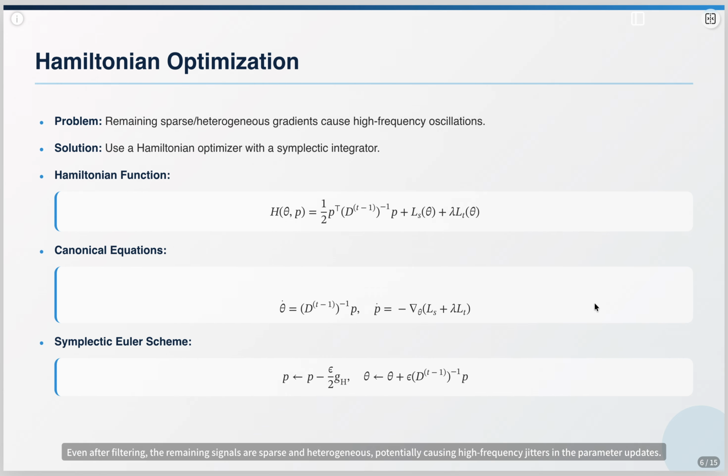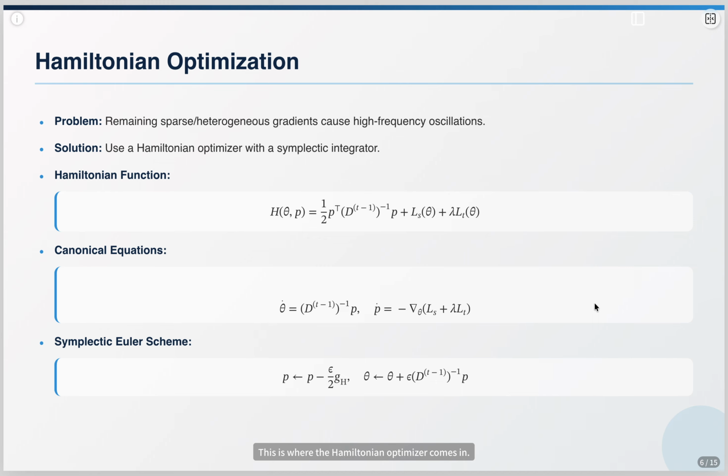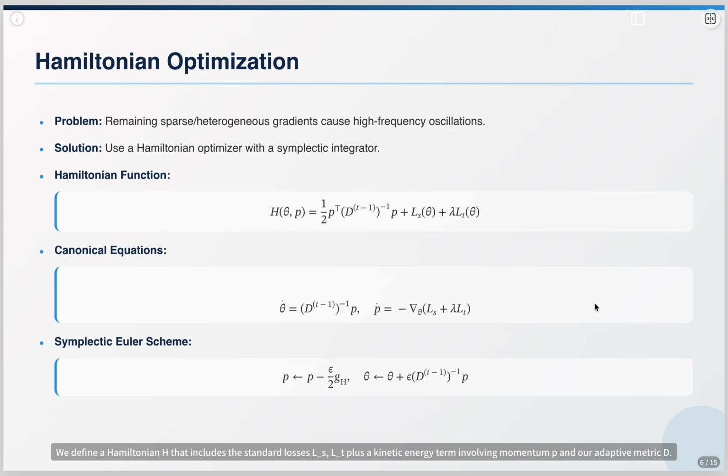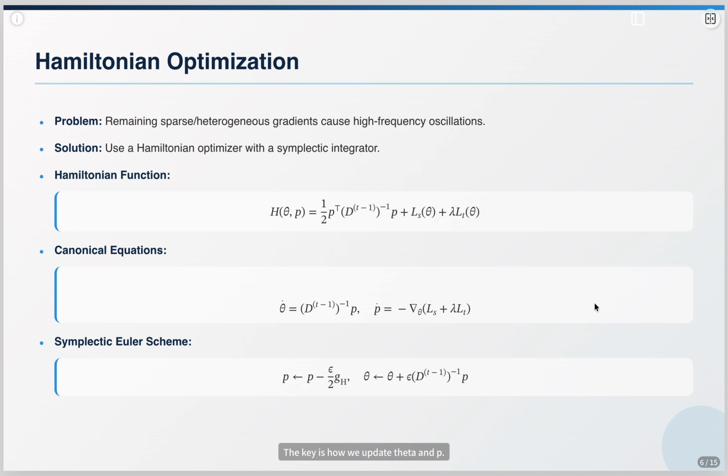Even after filtering, the remaining signals are sparse and heterogeneous, potentially causing high-frequency jitters in the parameter updates. This is where the Hamiltonian optimizer comes in. We define a Hamiltonian H that includes the standard losses L_CE plus a kinetic energy term involving momentum p and our adaptive metric D. The key is how we update θ and p. We use the canonical equations derived from H. The parameter update θ-dot is proportional to the momentum p, scaled by the inverse metric.